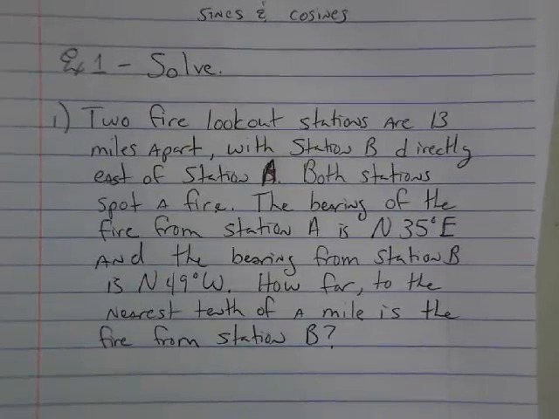The bearing of the fire from Station A is north 35 degrees east, and the bearing from Station B is north 49 degrees west. So I'll read that sentence again. The bearing of the fire from Station A is north 35 degrees east, and the bearing from Station B is north 49 degrees west. How far to the nearest tenth of a mile is the fire from Station B?